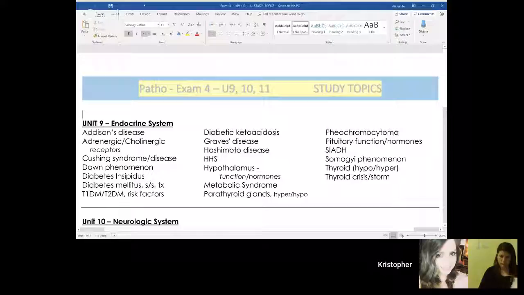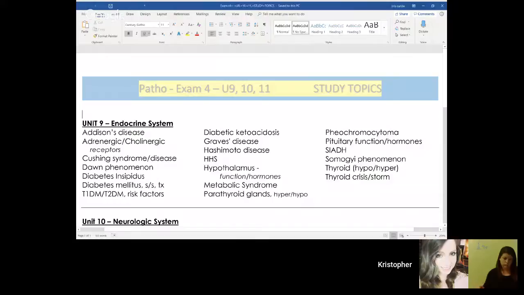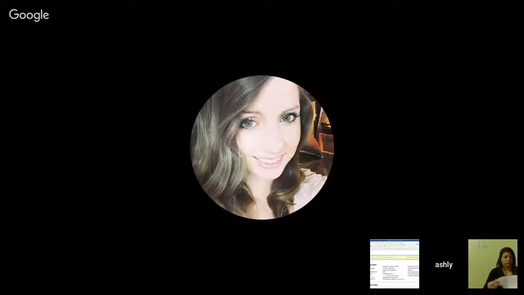Ashley, do you know what Dawn phenomenon and Somogyi is? So Somogyi is when your blood sugar drops all the way down. Is that right? Yeah. When does that happen? It basically just dives all the way down in the middle of the night, and then by the time you wake up, it's shot back up.